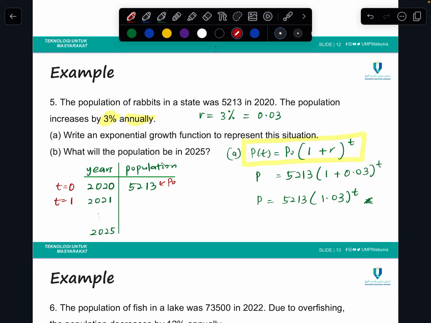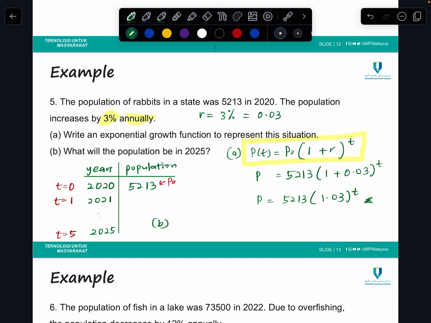You just need to subtract 2025 minus 2020, it is 5. So by putting t equal to 5, we can calculate the population in 2025. The formula becomes 5213 times 1.03 to the power of 5. And you can calculate, this will give you 6043. So that is the answer for this question.